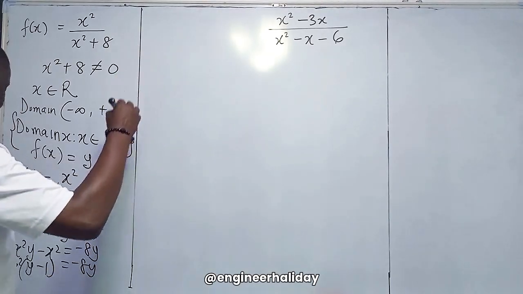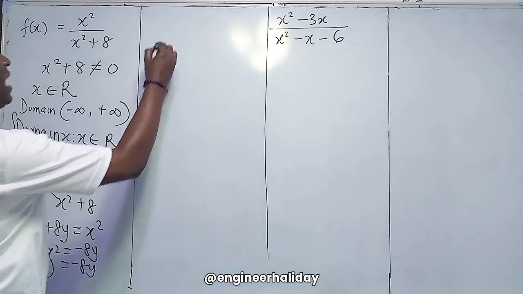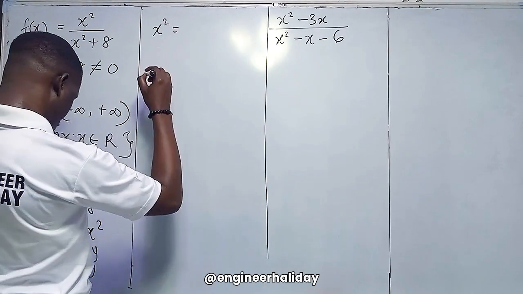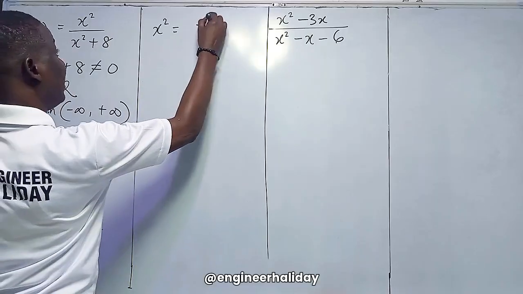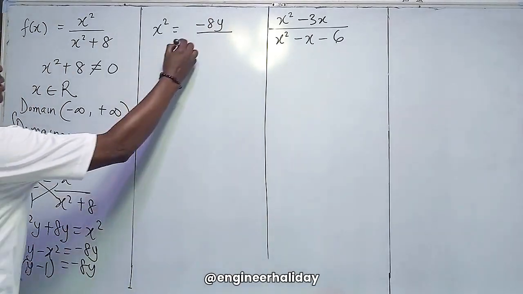So we take it up. I want to have x squared equals minus 8y over y minus 1, dividing both sides by y minus 1.